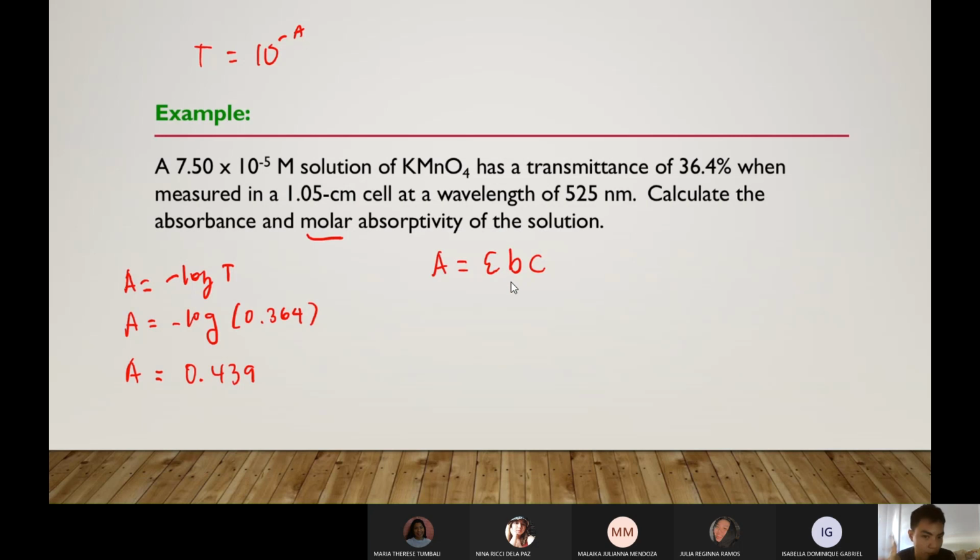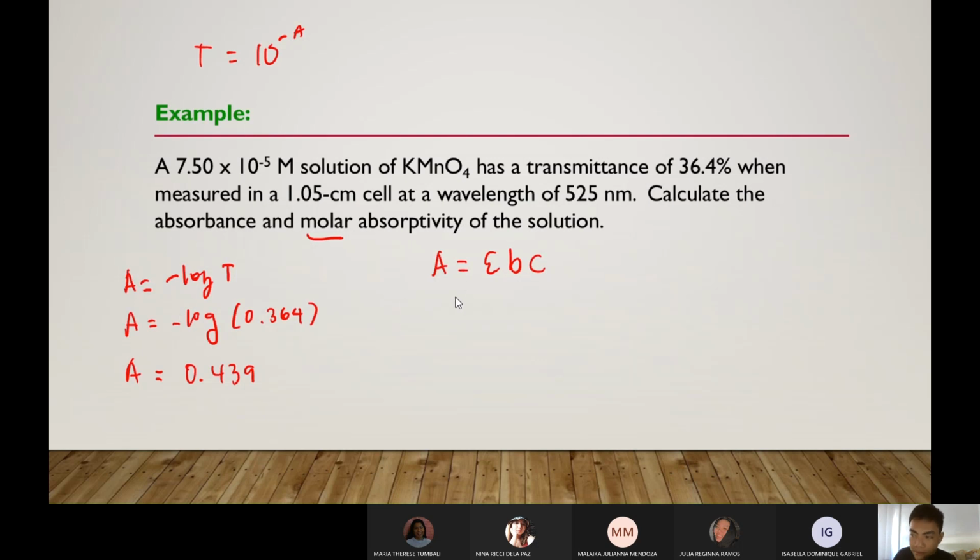So yung A dito, gagawin mong epsilon, which is the molar absorptivity. Take note that B is the cell length and C is the concentration. What is the unit of B? Length yan, no? So ang ginagamit namin dyan is centimeter. Concentration, of course, molarity, mole per liter. Okay? Yung absorbance, wala siyang unit.